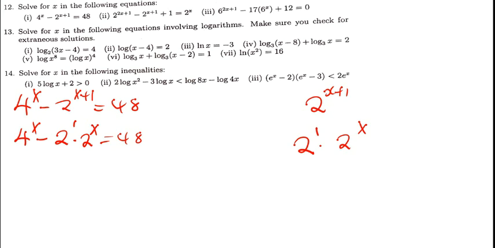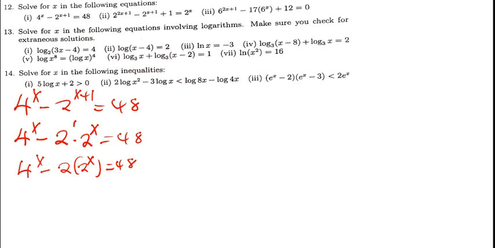The next thing I'm going to do is write this as 4 to the power x minus 2, then in the brackets 2 to the power x, is equal to 48. At this point, initially I was trying to make these things the same, to have to the power x.